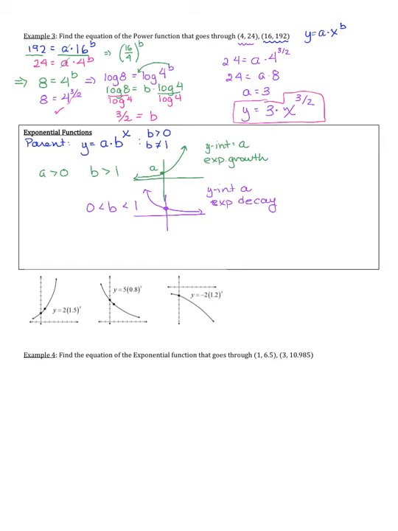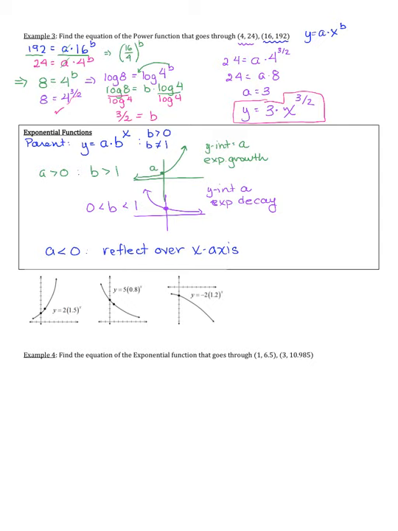And just like before, I'm going to take a little shortcut here. If a is negative, then basically you reflect over the x-axis. I'm not going to draw them out because that's a vertical reflection.